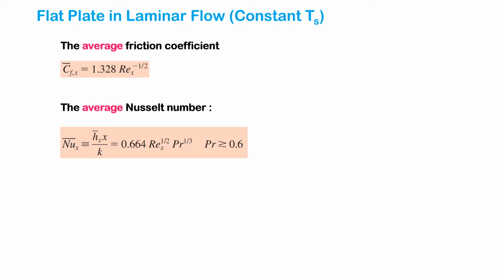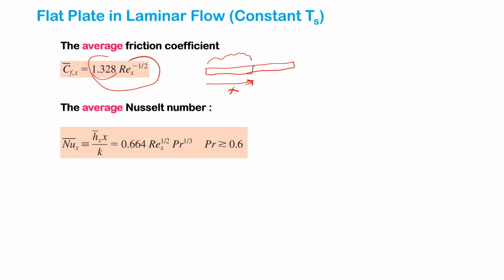So if we are interested in average properties, let's say you want to obtain an average property for this section x, averaging all the friction coefficients across this length x, this is the expression here. Reynolds number evaluated at x to the minus 1/2 multiplied by 1.3.